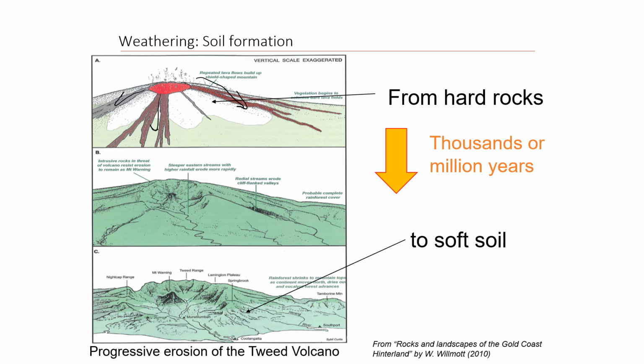And then over time, probably thousands of years or even millions of years, all this material was weathered. Because it was on the surface, it was subjected to changes in the temperature and the effect of water, and it became something like this. So it changed the landscape. And then there was even more weathering over time, and this is what we see right now.